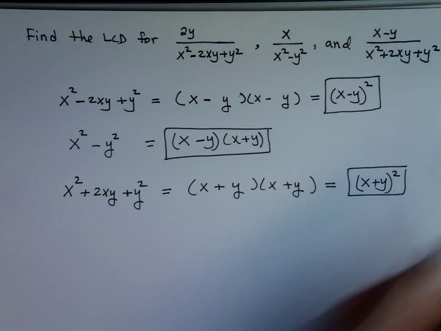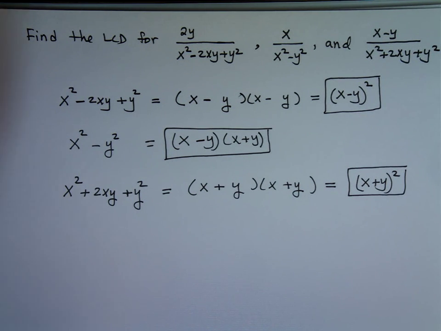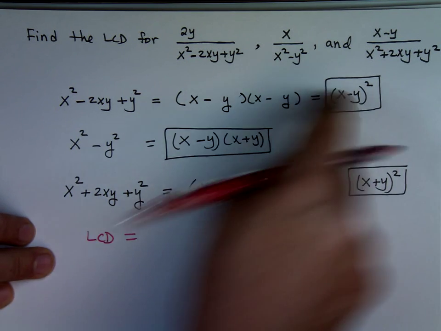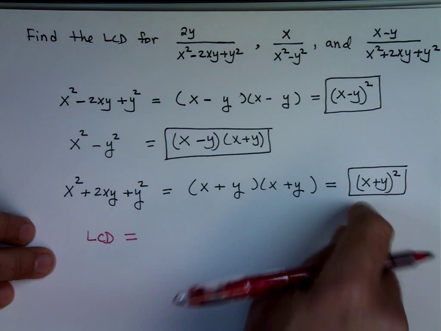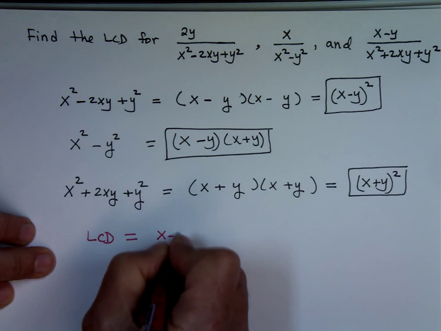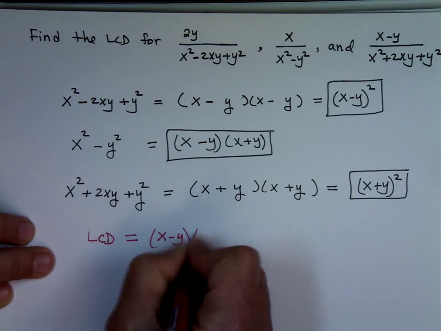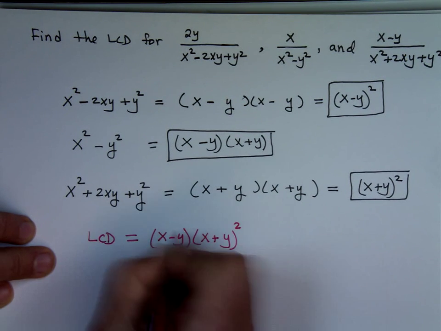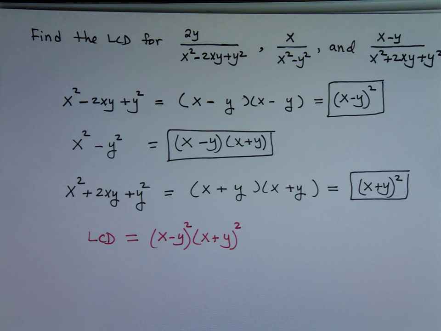So what is my LCD? It's the multiplication of all the different factors. You look inside these three boxes, what you see is x minus y and x plus y. And each of them is raised to its highest power. So x minus y squared, x plus y squared.